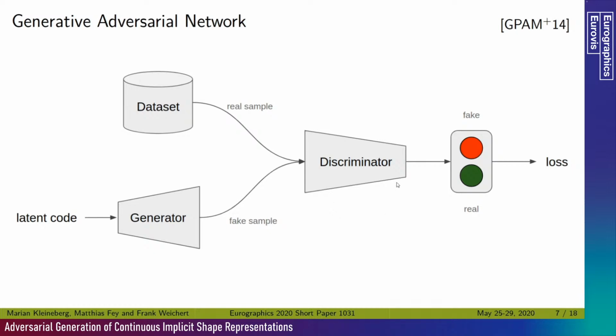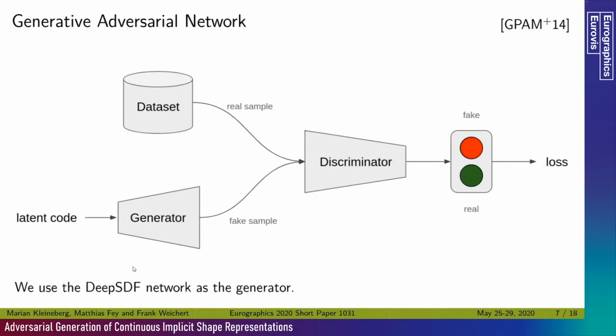The discriminator receives either a real sample from the dataset or a generated fake sample, and the task of the discriminator is to tell if this was a fake or a real sample. During training, the generator can be improved using the gradients of the discriminator, and the task for the discriminator becomes increasingly difficult during training. And if it works well, they reach an equilibrium where the discriminator can't decide if a sample is real or fake, and the generator generates realistic samples.